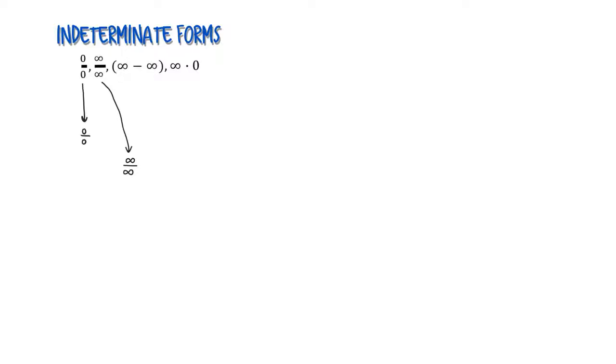So whenever you're given a limit and you do your substitution and then you get infinity over infinity, that says nothing about the value of the limit. This is an indeterminate case. You're going to have to go ahead and do some sort of algebraic manipulation to figure out whether this function has a limit or not at the given value of a.